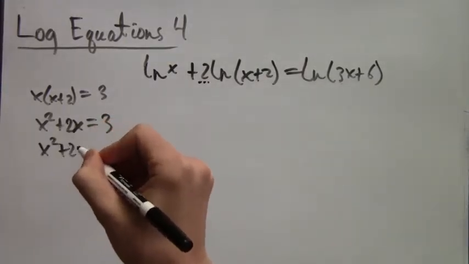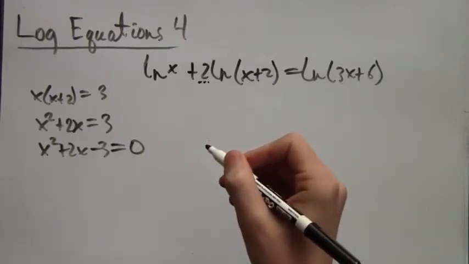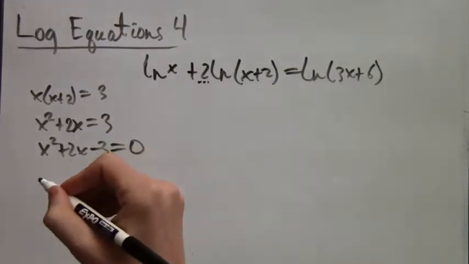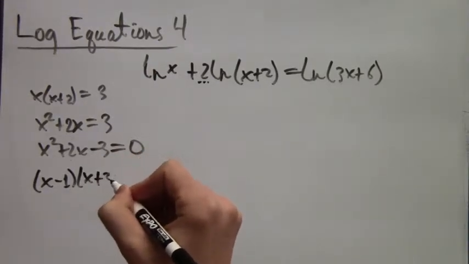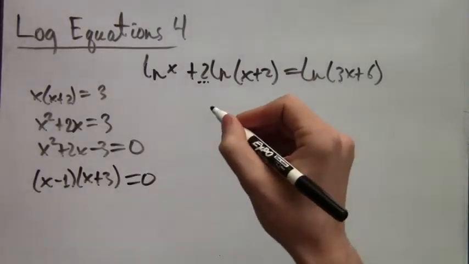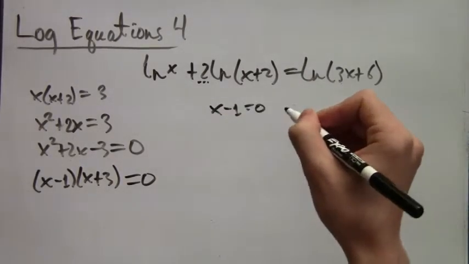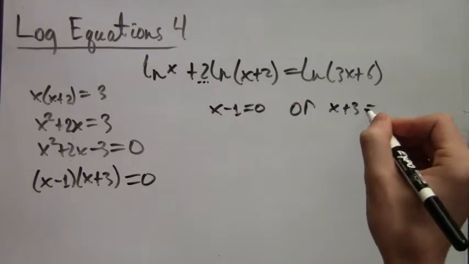So we can rewrite it as x squared plus 2x minus 3 equals 0. Now we just factor, and if you want to learn more about factorizing quadratic equations, then look at the video lesson with that title. And we get that x squared plus 2x minus 3 is equal to x minus 1 times x plus 3.